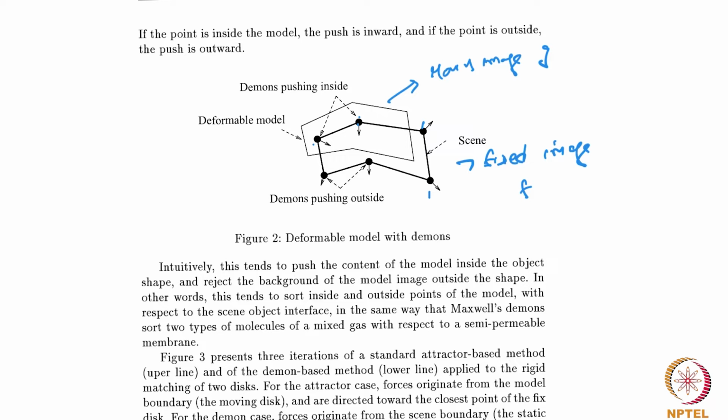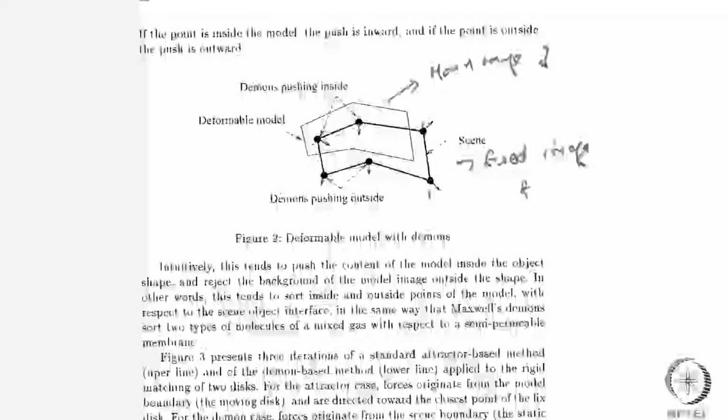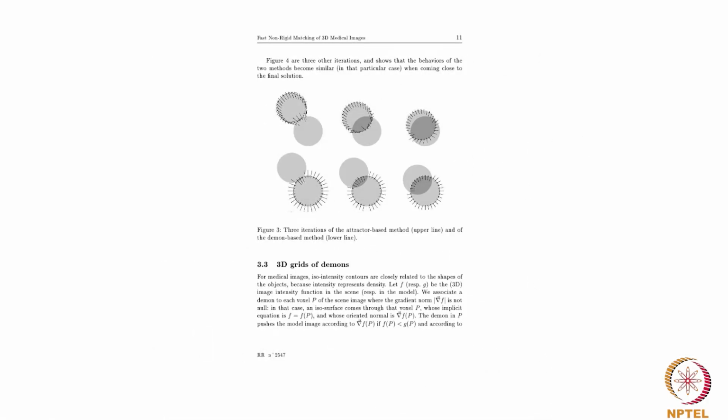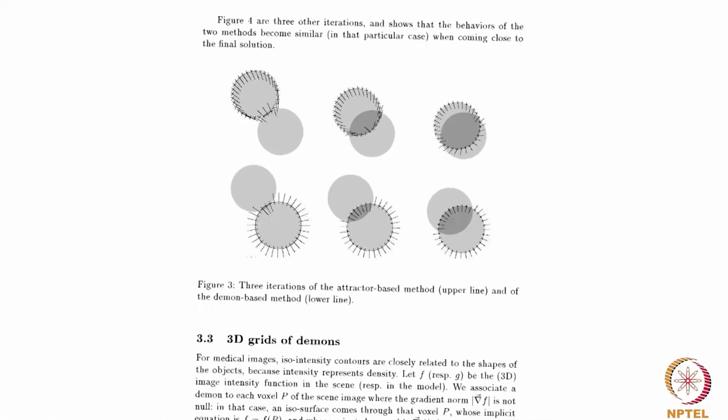So that's why it is called the demons algorithm, because these control points, or the demon points as you can call them, decide what piece of the model comes in and what piece of the model stays out. Okay. So he has provided some fixed examples. For instance, if you look at this example here, this is basically the second row.